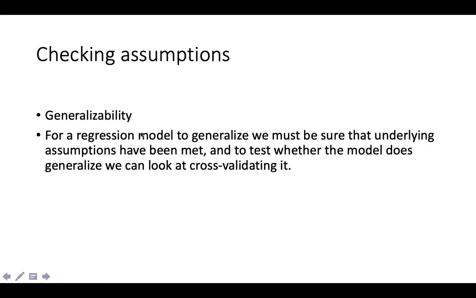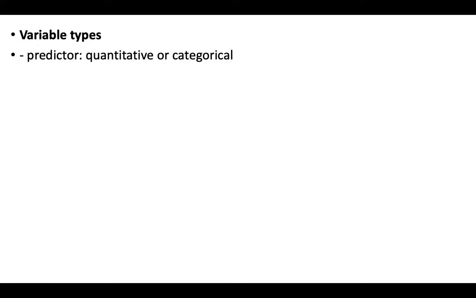So if you would like to generalize to a larger population, then you should check for assumptions. And what are the assumptions? The first one is the variable types. Your predictor or independent variable should be quantitative or categorical, and by categorical I mean only two categories. And the outcome or the dependent variable should be quantitative.